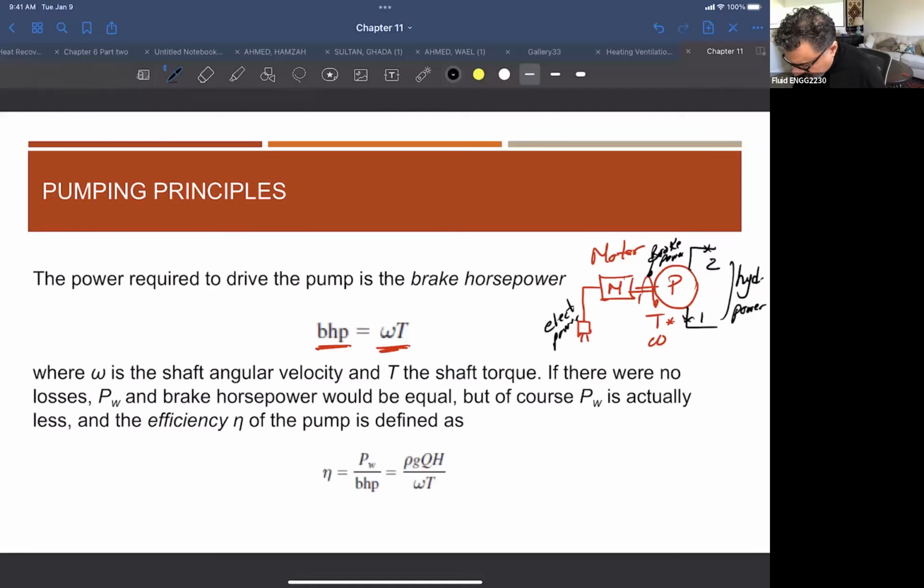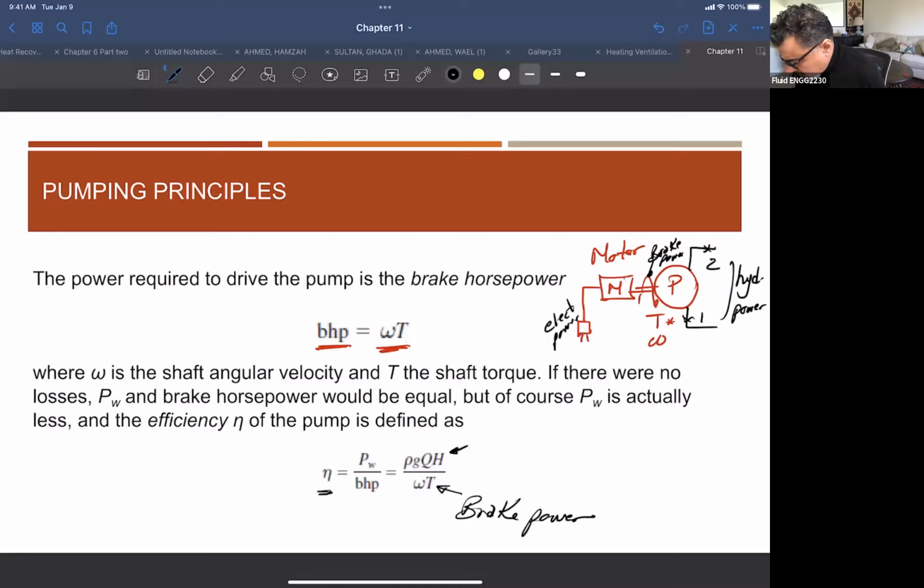And the input and the output of the pump are related by efficiency, right? So for a pump, the input is brake power and the output is hydraulic power, or we call it the fluid power. So the efficiency of the pump will be the output, which is hydraulic power, or the flow power, which is rho g h times Q, divided by the brake power.